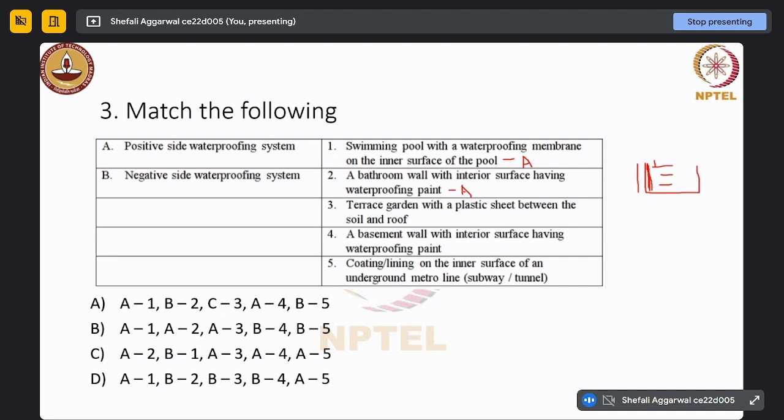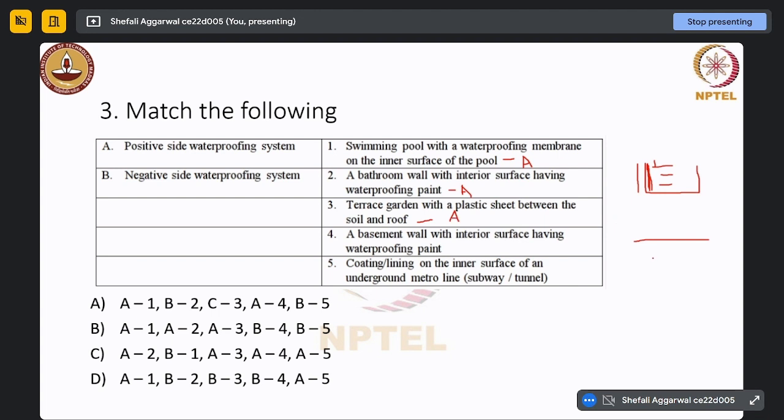So if we are applying waterproofing paint on the interior wall, then it will be a positive side waterproofing system. Same reason as the swimming pool. Next is the terrace garden with plastic sheet between soil and roof. So in this case, again, it will be a positive side waterproofing system.